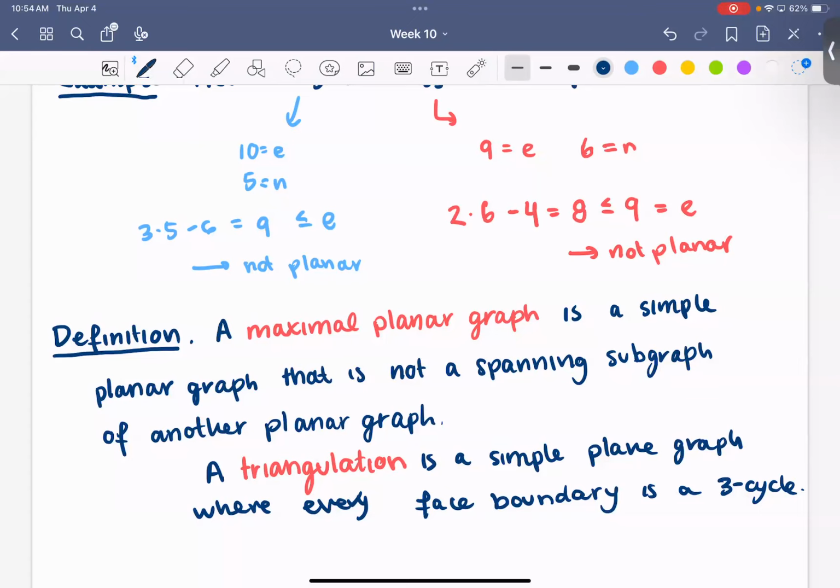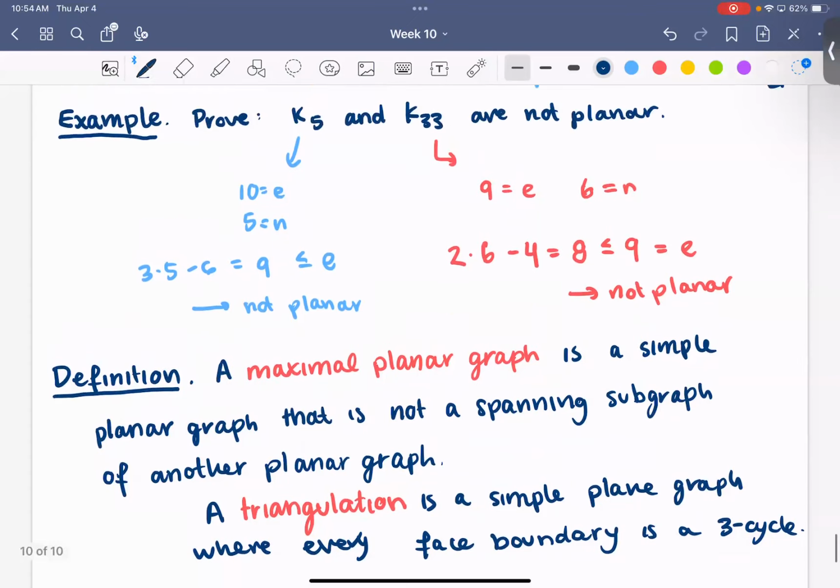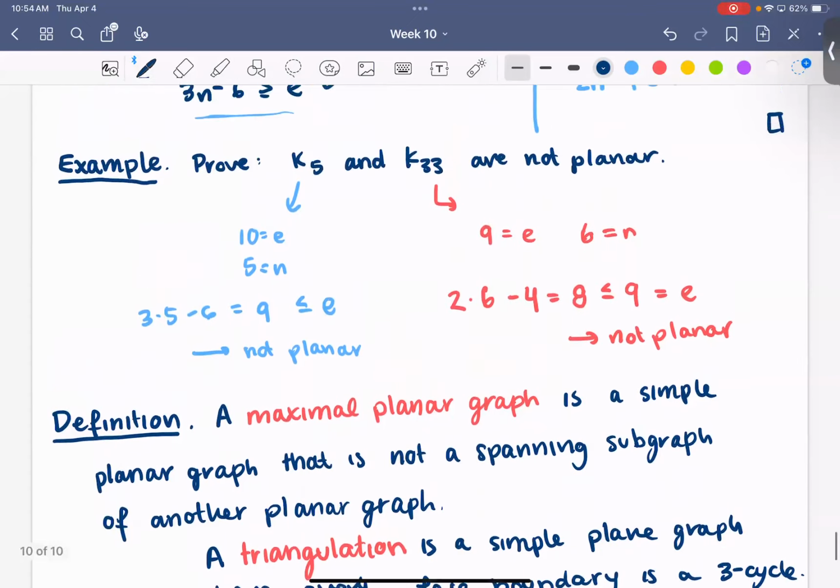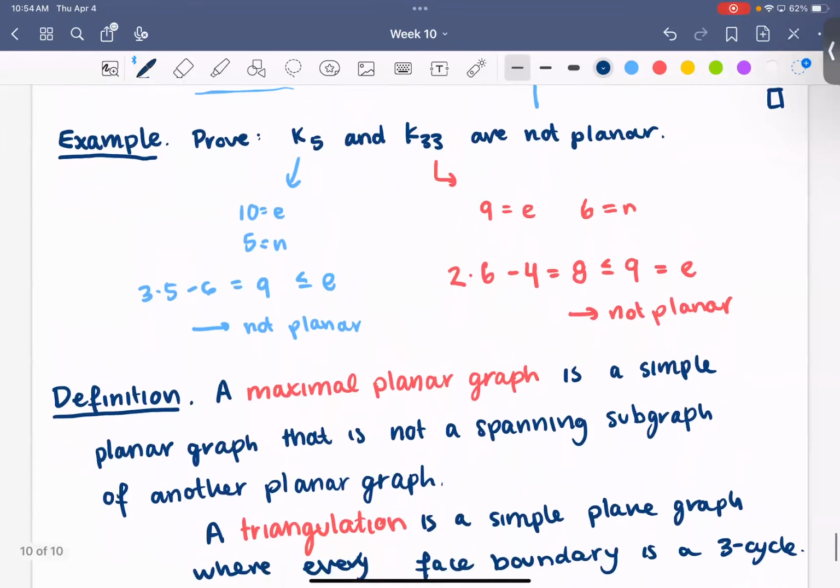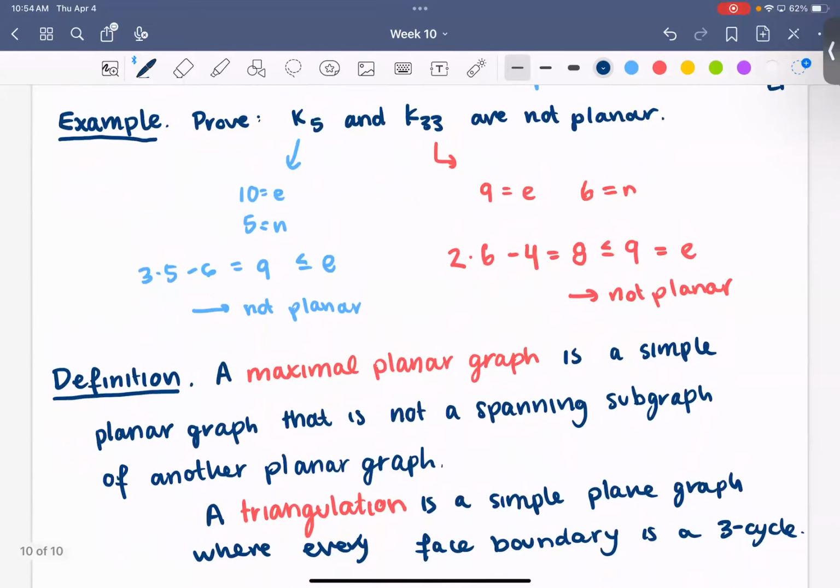So I guess with these inequalities, we've kind of seen that if you're triangle free, then you get a tighter bound on the number of edges. So having as many triangles as possible will give you, intuitively, as many edges as you could have.